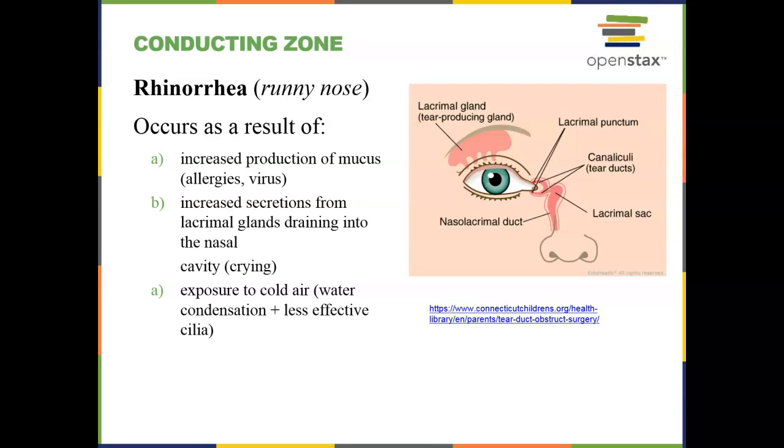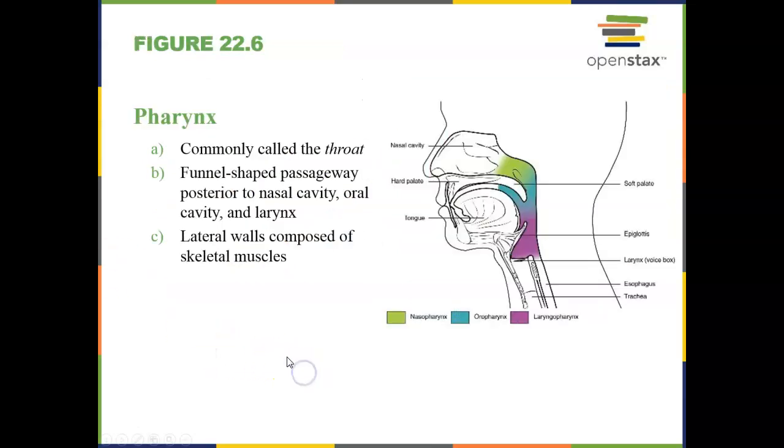But when it's super cold out, the cilia can't move that solution around as effectively, and so it comes out as a runny nose, which is why in the middle of winter, when you're standing outside for a long period, you get a runny nose. Fun little information there, right?